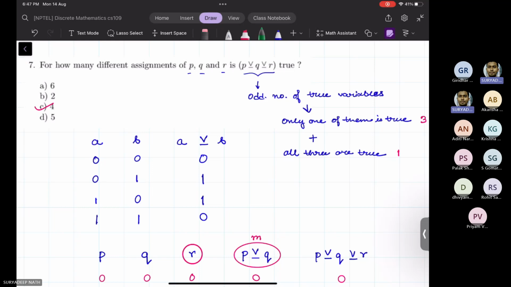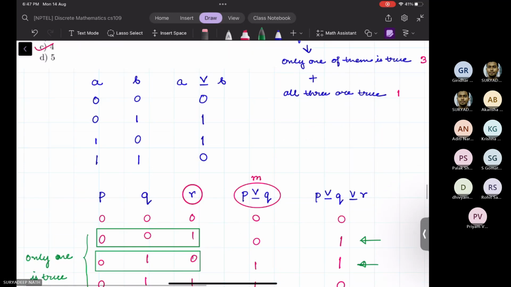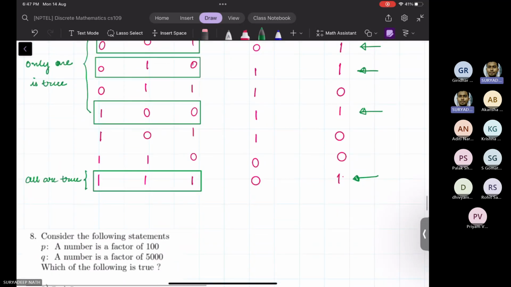Yeah, you are right. You can think of it as one more way.